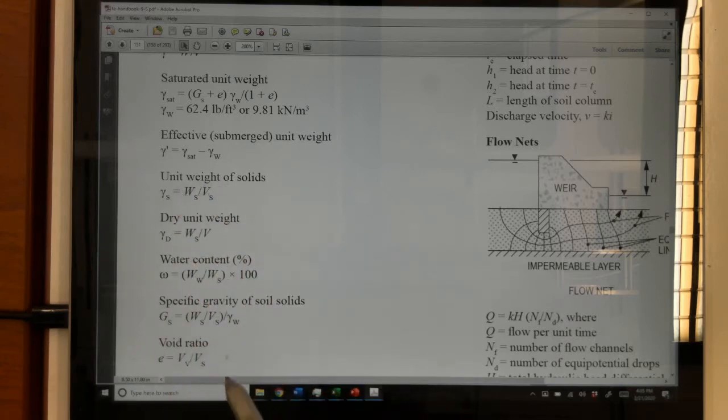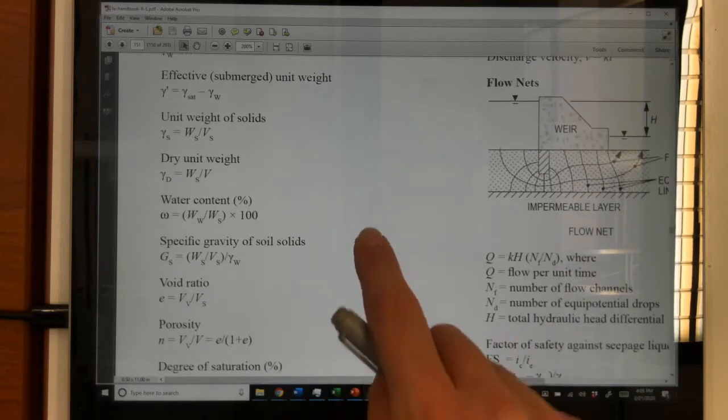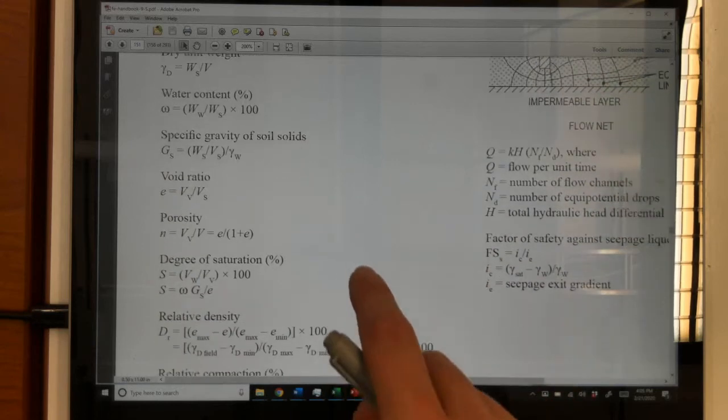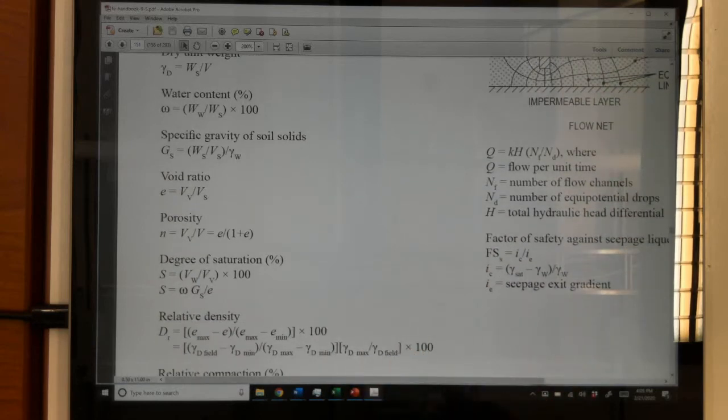That specific gravity shows up, I think, in all of the practice problems I've seen where it's the classic phase diagram problem. So it's good to remember that. Just basic definitions of void ratio, porosity, degree of saturation.